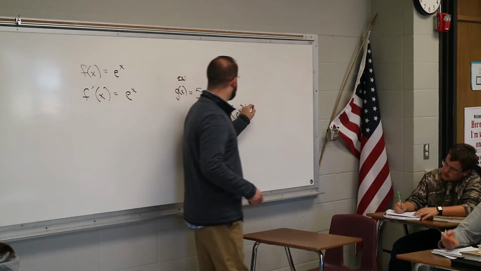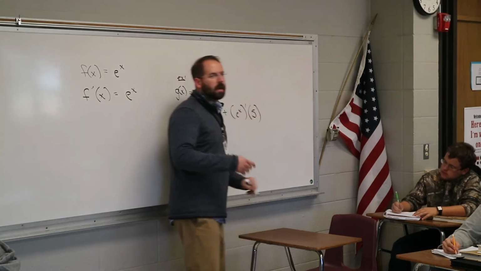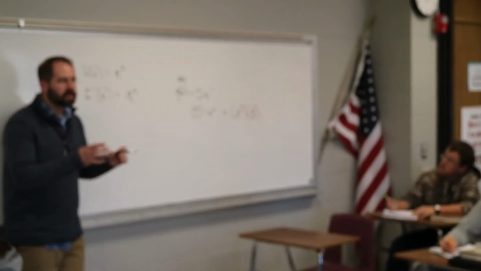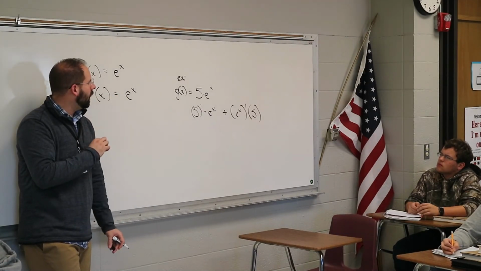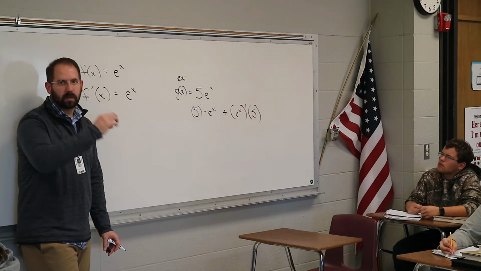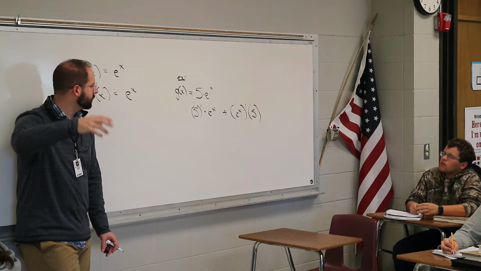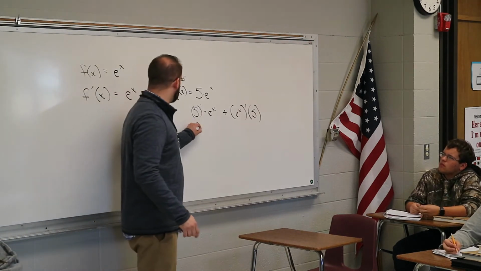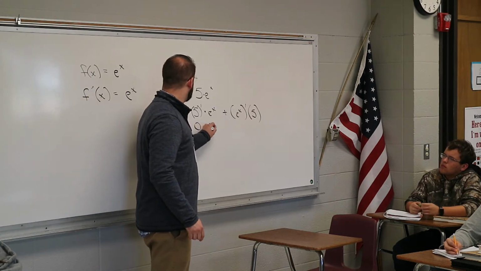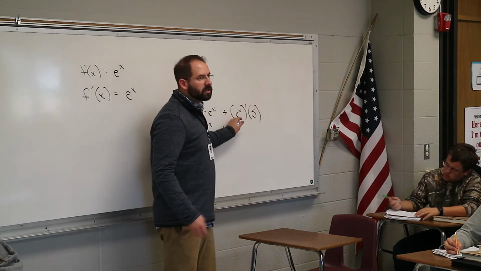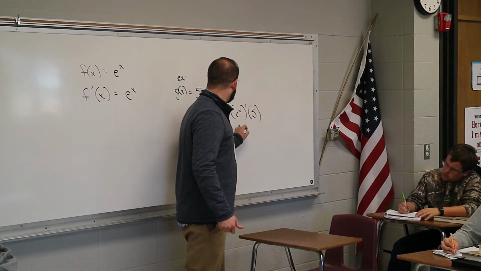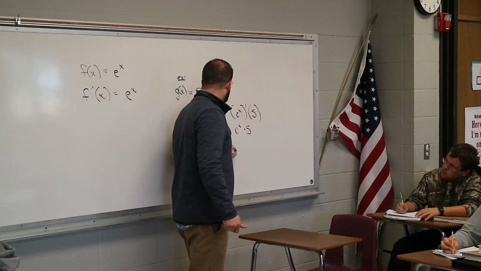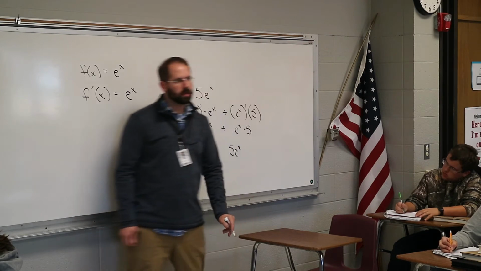This is why I said we'll be using these very specific functions in the middle of our product rule and quotient rules. So the derivative of 5 is 0, so we're taking 0 times e to the x, plus, what's the derivative of e to the x again? It's just e to the x, and we take that times 5. So your answer turns out to be exactly the same thing you started with.